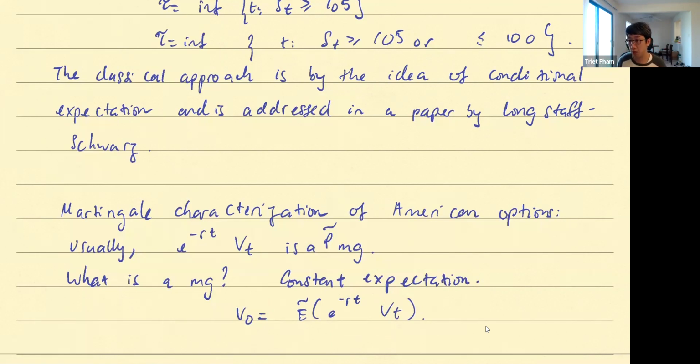Why? Simple answer: I can always buy the option right now and keep it into the future, and I will receive the future value, period. So for that reason, at any time point in the future, the equivalent price to the present must be the present value. That's it. And that's why it must be a martingale. So that's the constant expectation idea.